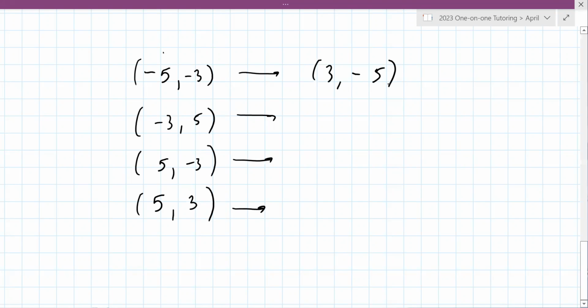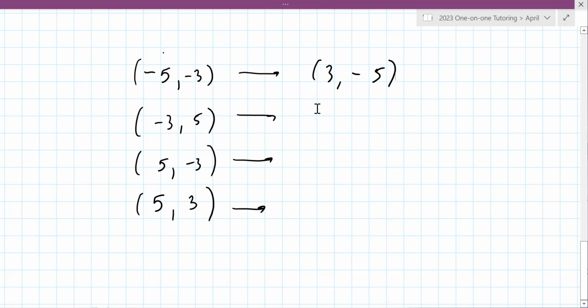Okay, good. Keep going. That right there is 5, 3. Nope, try again. -5, 3. Did you try to do all of the Y values first, or did you try to do both rules at the same time?